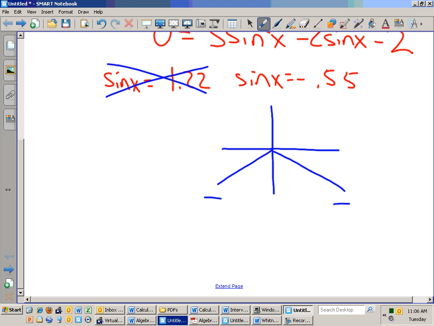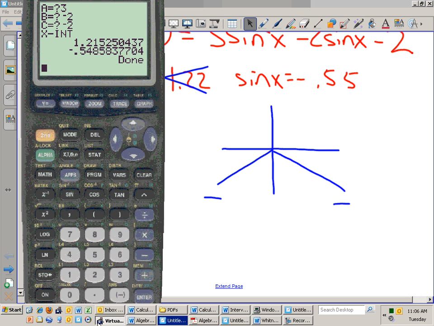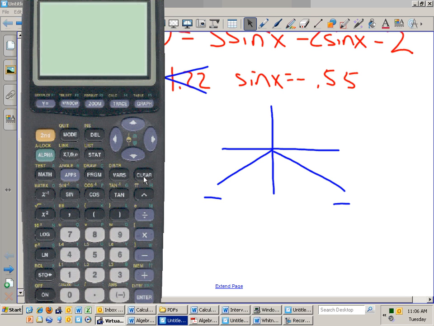And remember, I told you guys yesterday that I'm going to adjust the way I teach this. Decide where it's negative, but then don't use that negative anymore. So we'll go second sine inverse. Instead of negative 0.55, we'll just go 0.55. And that tells me my reference angle, 33.37.